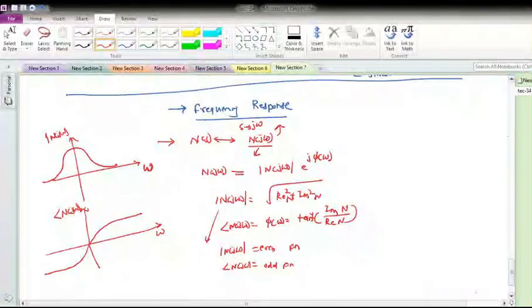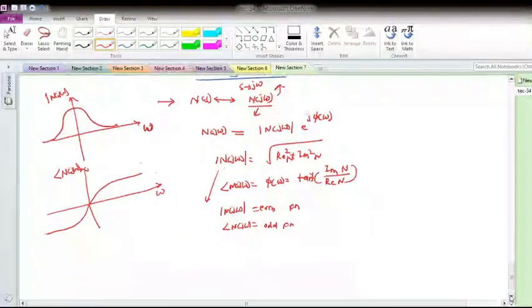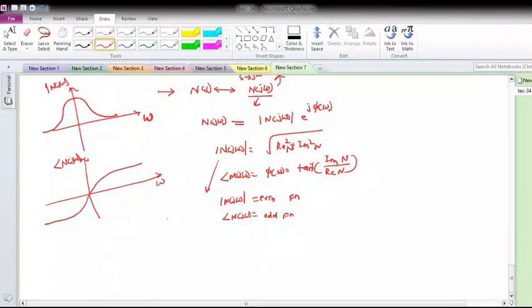Now let us quickly calculate the amplitude and phase response for a simple RC circuit.